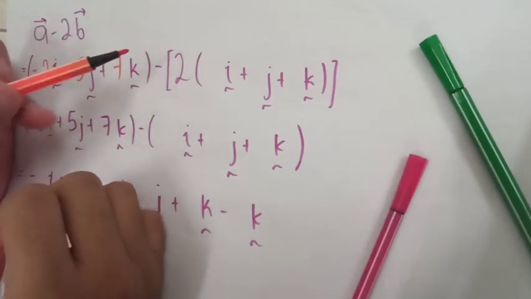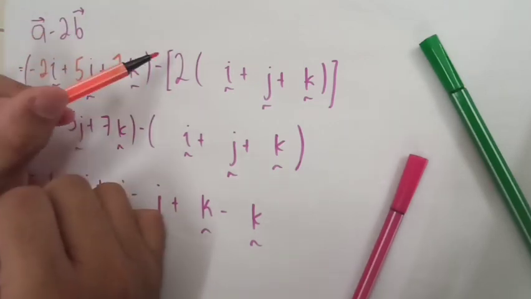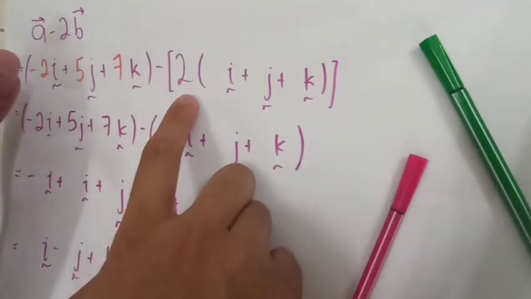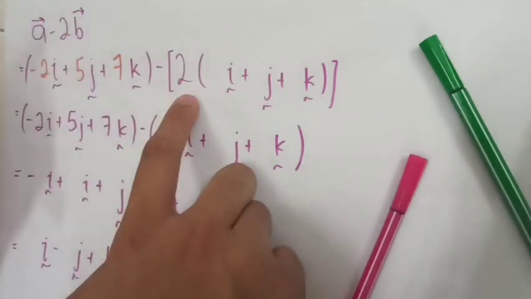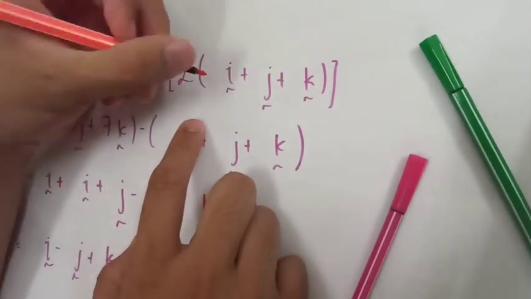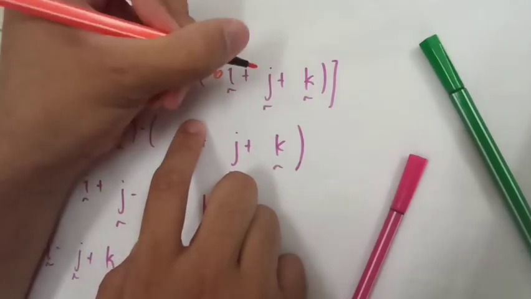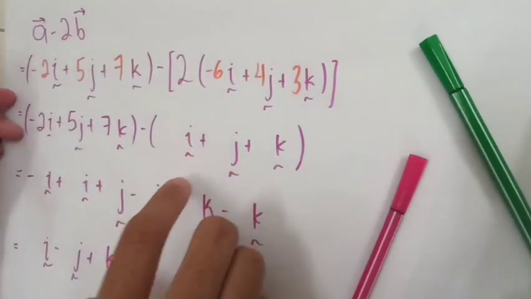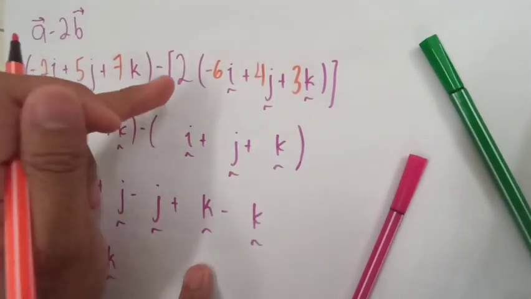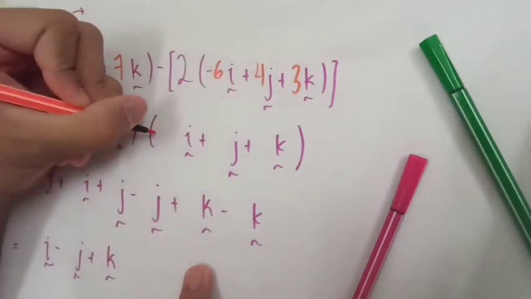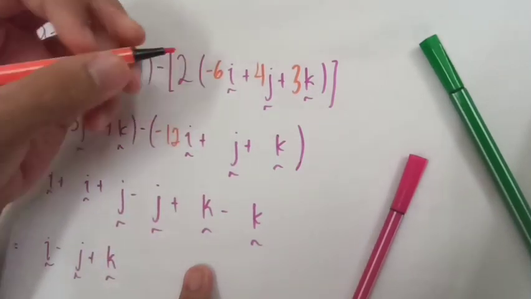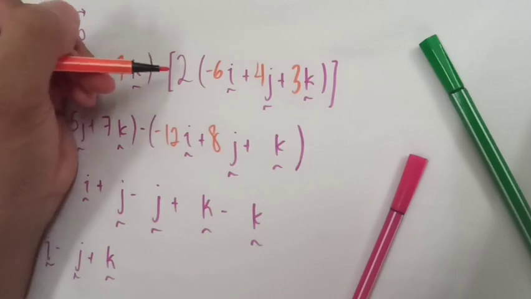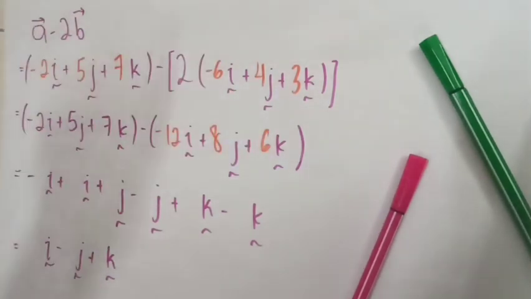So we put this minus symbol here and a bracket with the number 2, and only then we put in the value of B, which is negative 6i plus 4j plus 3k, and we expand. 2 times negative 6 is negative 12, 2 times 4 is 8, and 2 times 3 is 6.